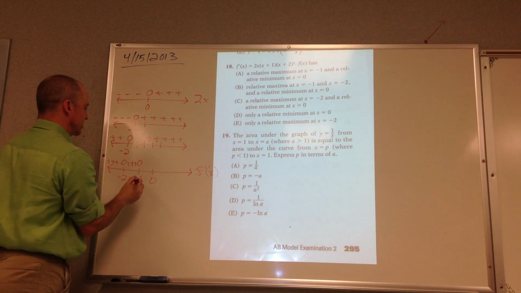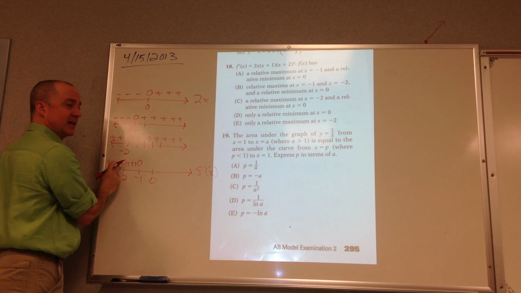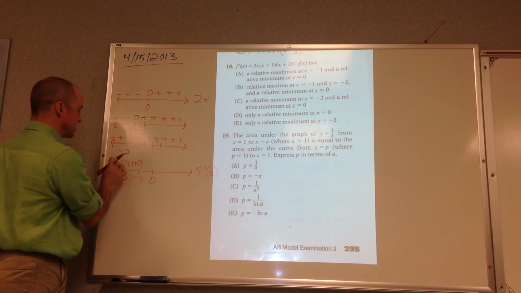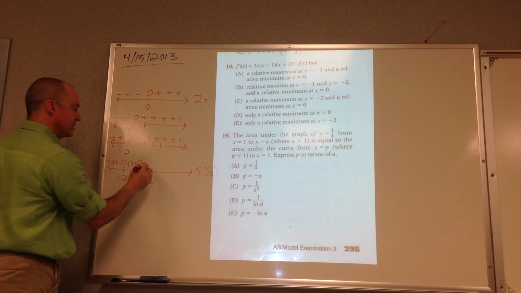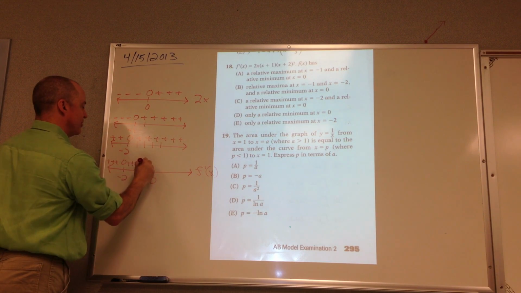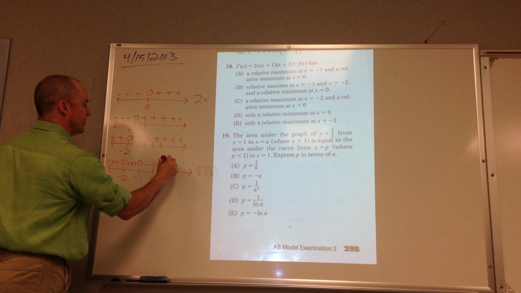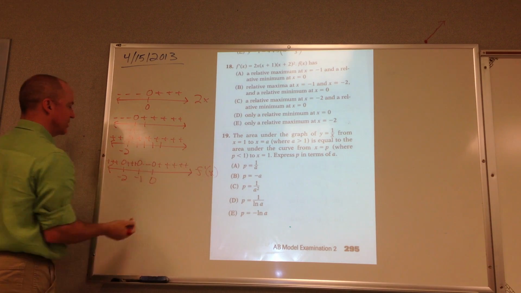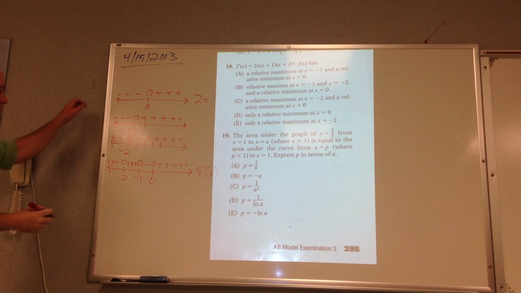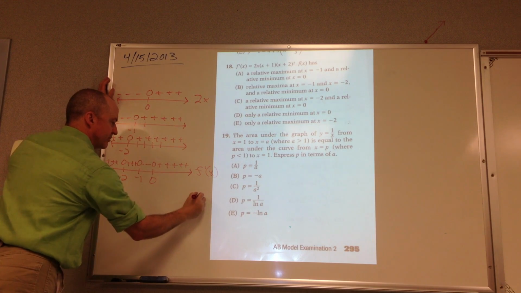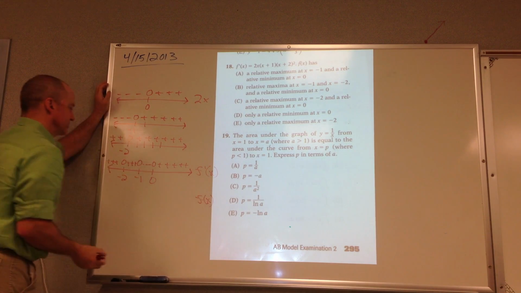So we don't have a min or max there because it stays positive to positive. It's negative between -1 and 0, and then from 0 on up, it's all positive, correct? So at -1, we have a relative max.